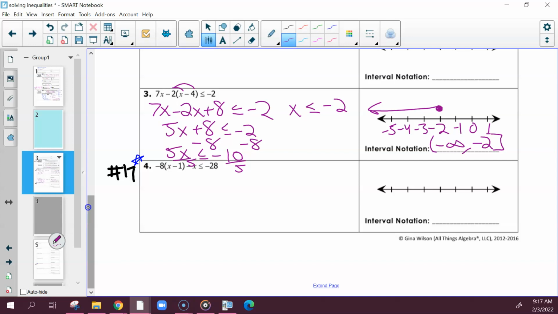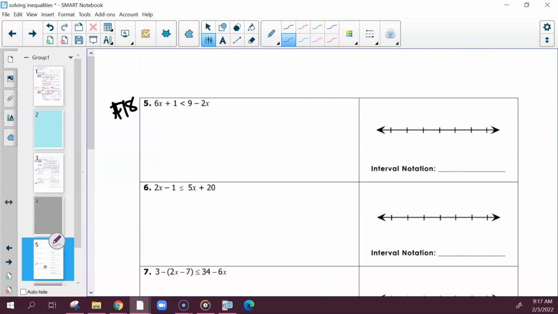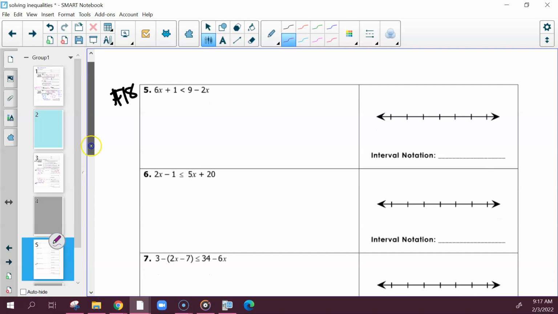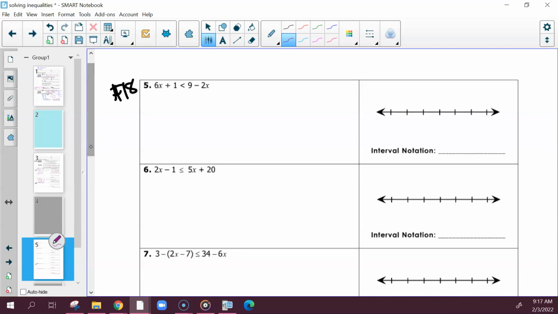Other questions on that one? Skip to the next page. We're just going to do a couple of these, and then I'll let you try some. Starting with number 5. What do we want to move?